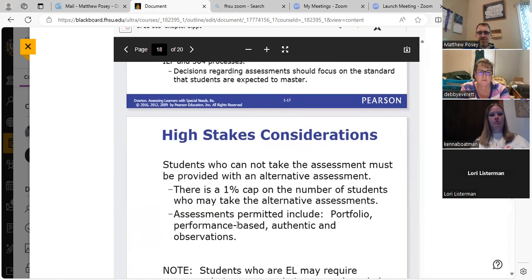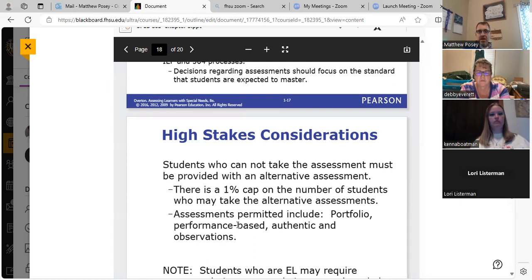High stakes test considerations. One thing that we have to look at, and I don't know if you guys are familiar with this or not, I was just sitting in a meeting with our director the other day, and this came out. We had concerns because we have a lot of referrals, a lot of students being tested.